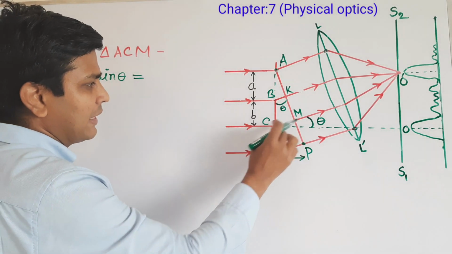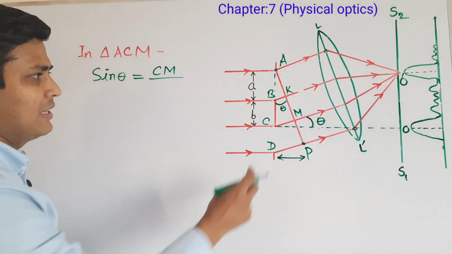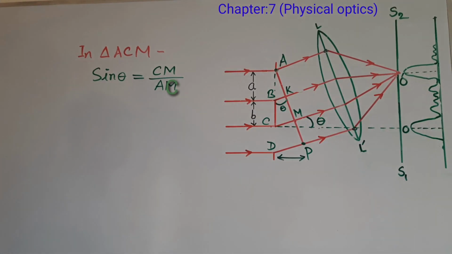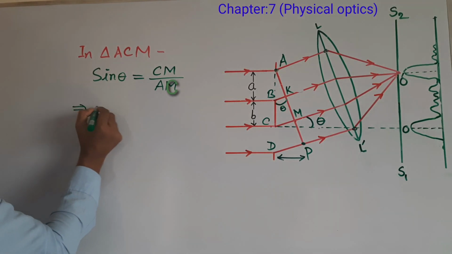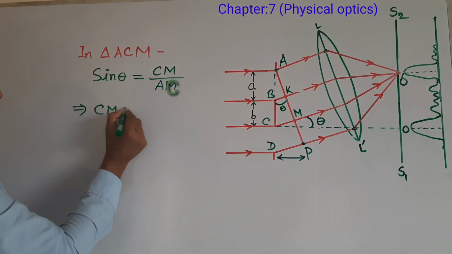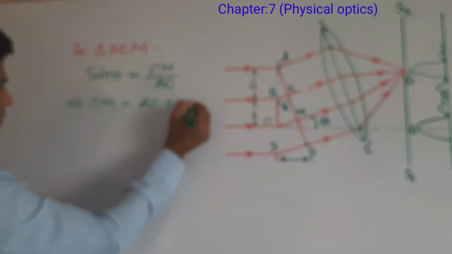Here the perpendicular is CM, and the hypotenuse is AC. Now, if you want to calculate CM, that is the path difference, then we can write CM equals AC sine theta.